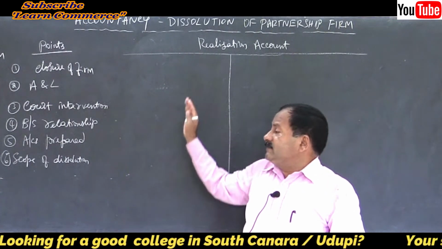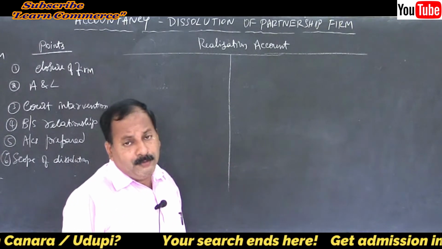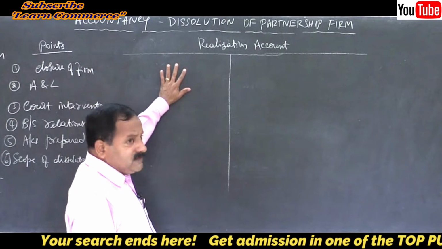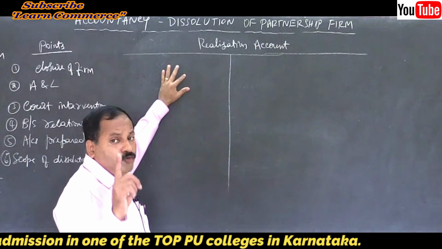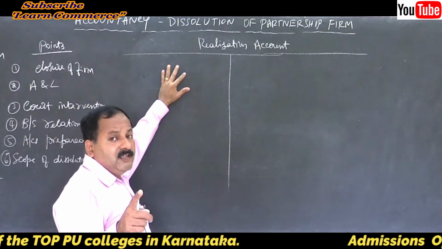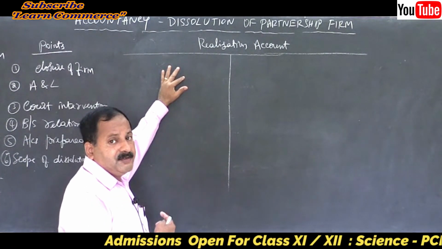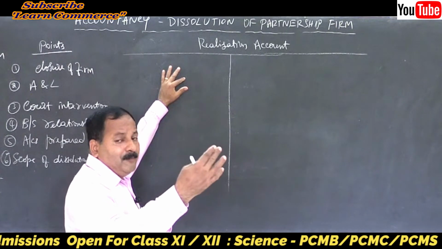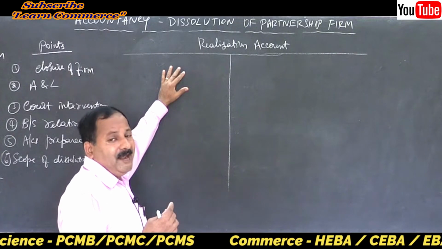So all the assets are recorded on the debit side. Then what we will do? Remember this point, while transferring the assets, you should make sure that only the assets which can be sold in the market, or the amount which can be realized, should be entered.